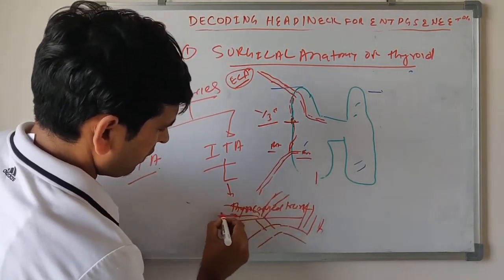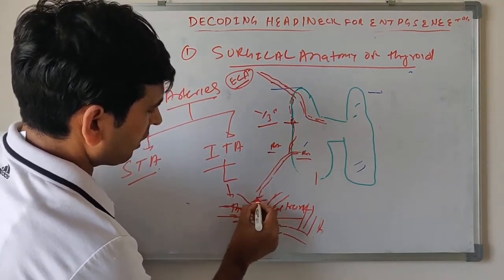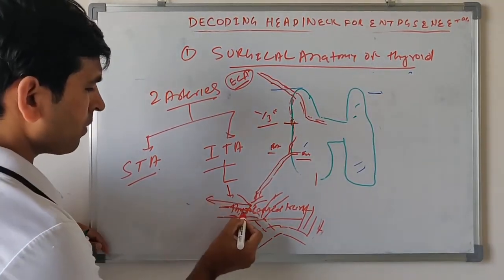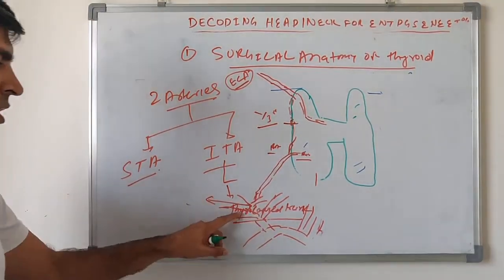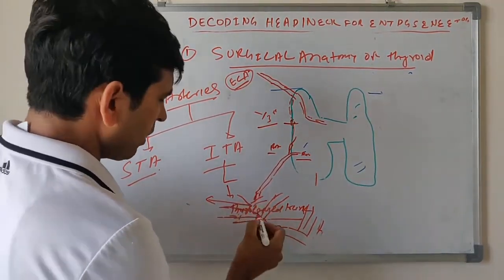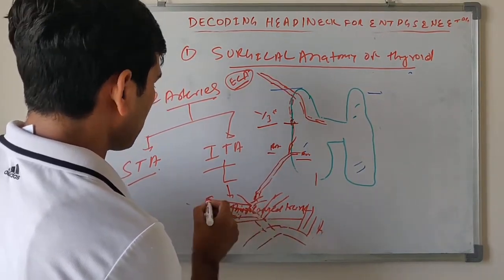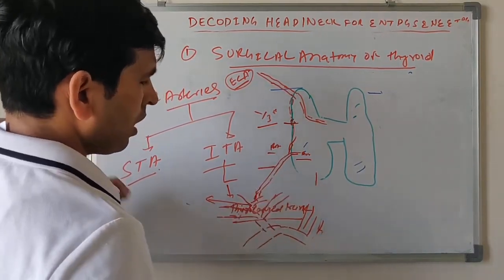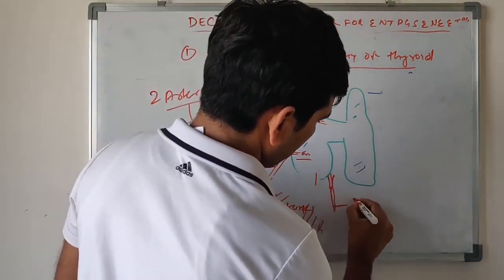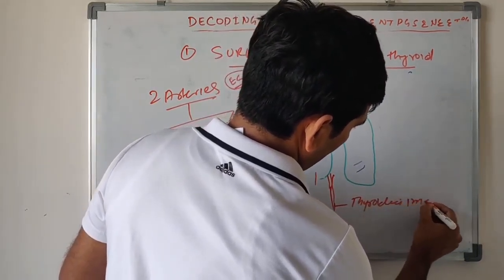This is the first branch, the thyrocervical trunk, of the subclavian artery, and it gives the inferior thyroid artery. One more artery comes from here at the base, called the thyroidea ima artery.